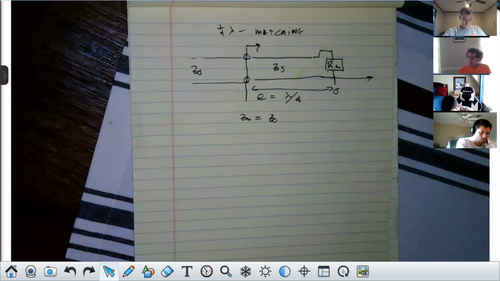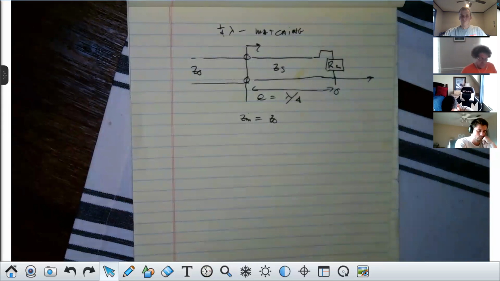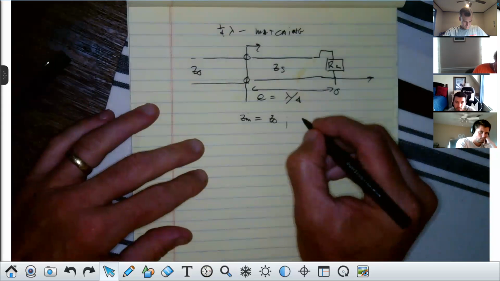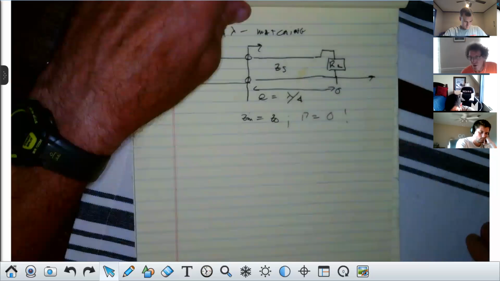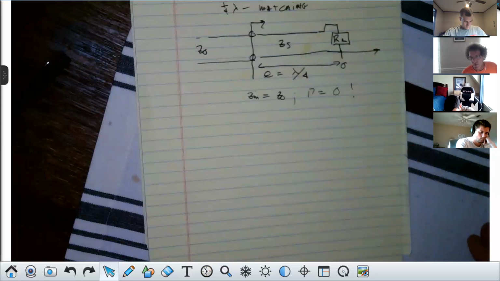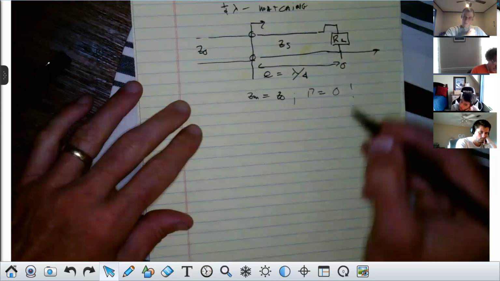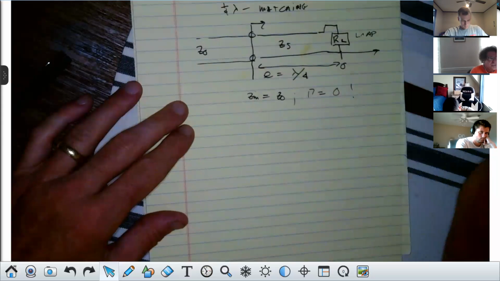Now, I think everybody knows that if the input impedance to that line is Z naught, the reflection coefficient will be 0, correct, class? If this is the case, then necessarily the reflection coefficient equals 0, and that's what we want. All the power and all the signal will be transmitted into the load, R load. This is the load. Everybody understand that, class?